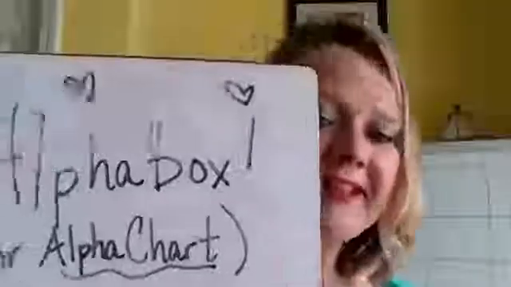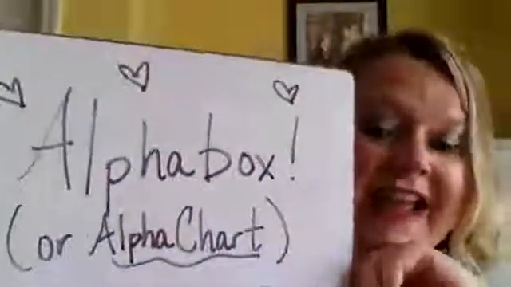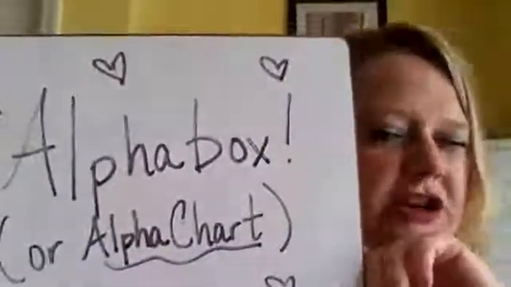I can't think of the other things I've gone through right now. But anyway, what I'm going to teach you is another fun thing that you can do, and that is an alpha box. And I also put alpha chart on here.